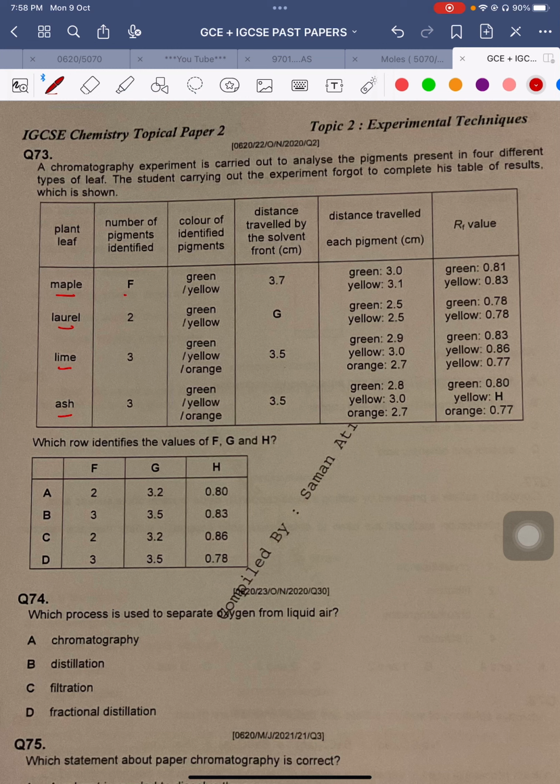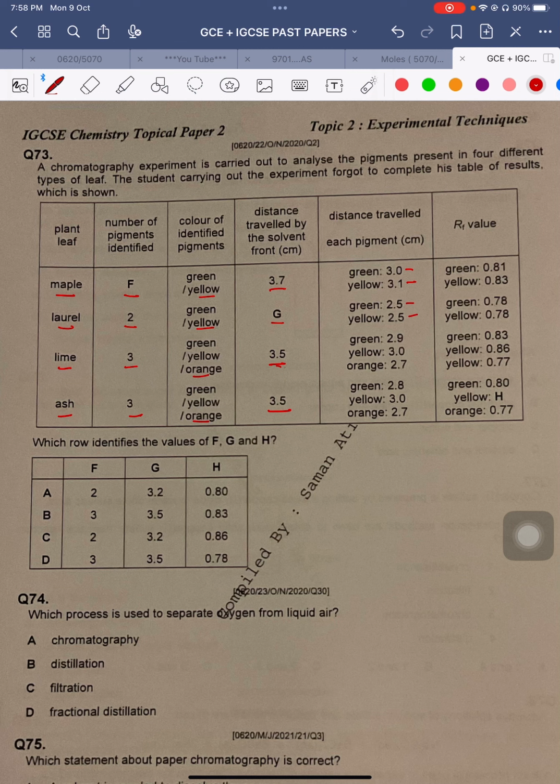The plant leaves are maple, laurel, lime, and ash. Number of pigments identified: maple F, 2, 3, 3. Color of identified pigments: green, yellow; green, yellow; green, yellow, orange; green, yellow, orange. Distance traveled by the solvent front: in maple 3.7, laurel is G, whereas lime is 3.5, and this is also 3.5. Distance traveled by each pigment: 3.1, so green is here 2.5, yellow is 2.5.